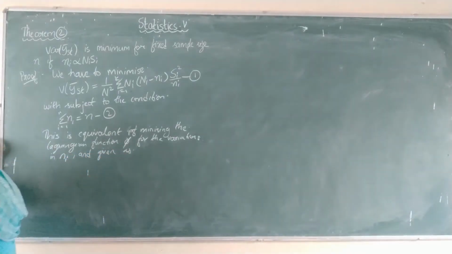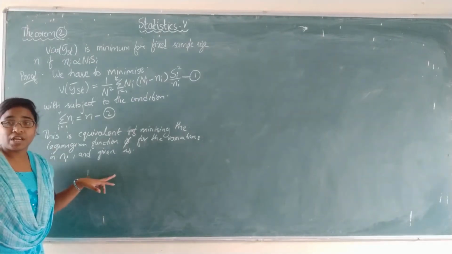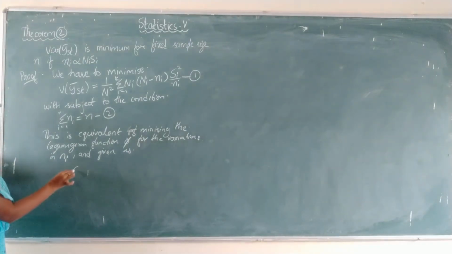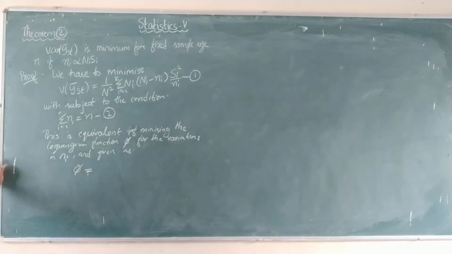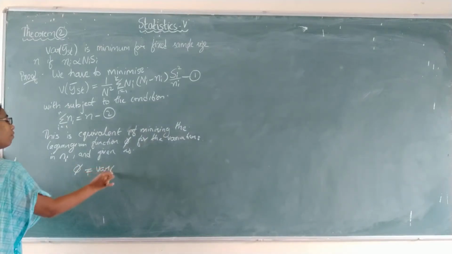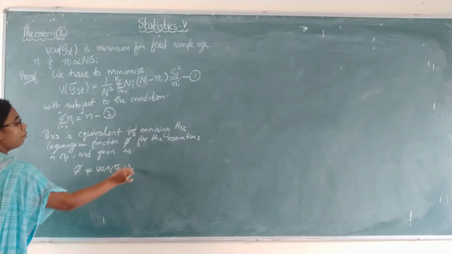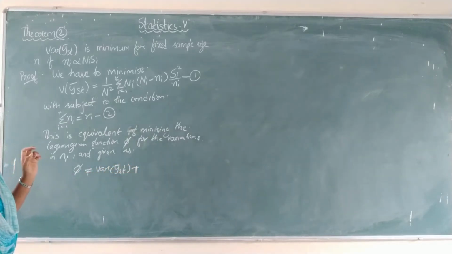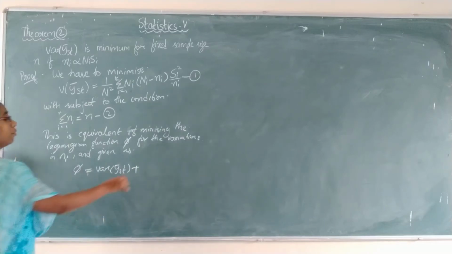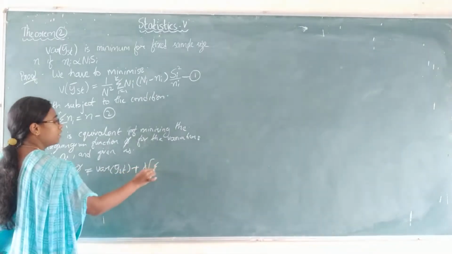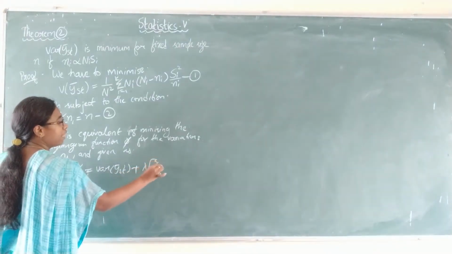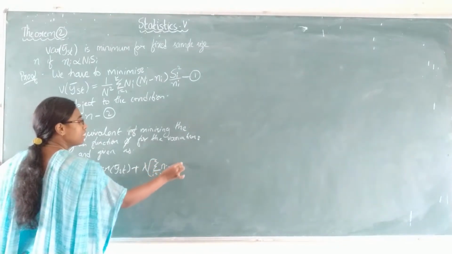The Lagrangian function is denoted with pi. So pi equals the variance of y bar st plus lambda into summation i equals 1 to k, ni minus n.